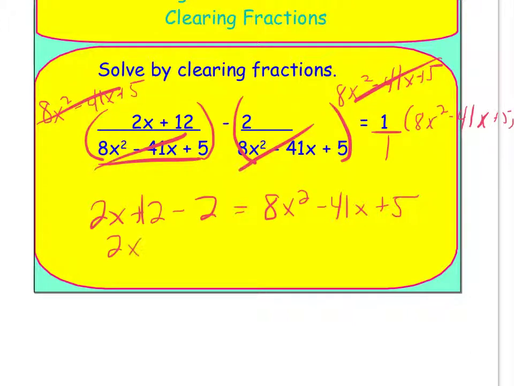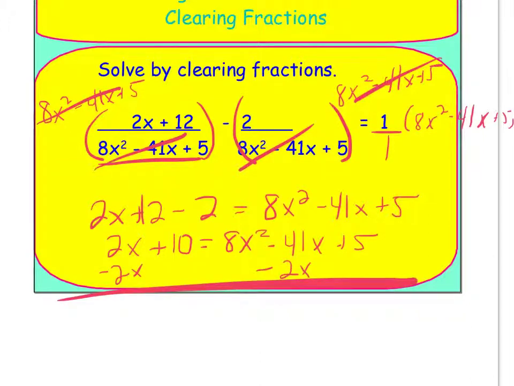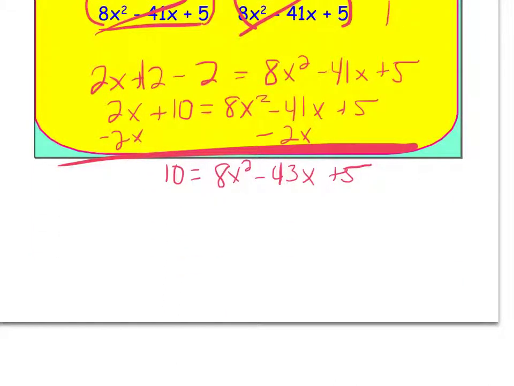Here I've got 2x plus 10 equals 8x squared minus 41x plus 5. I'm going to bring my 2x's over. So I've got 10 equals 8x squared minus 43x plus 5. I'm going to subtract 10.